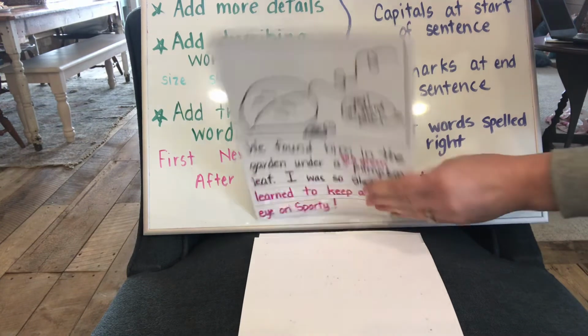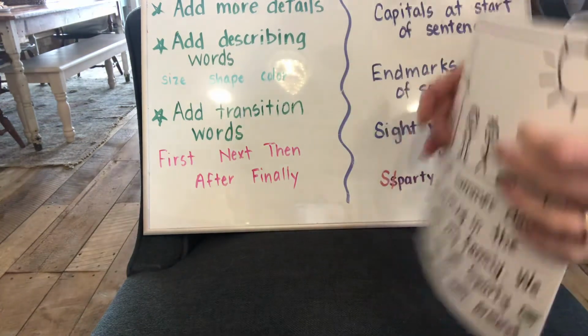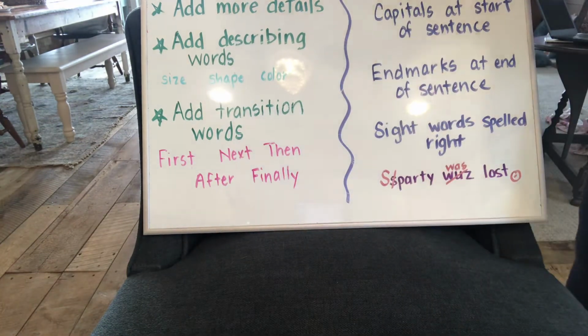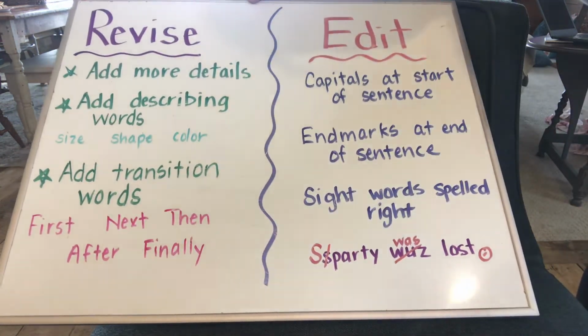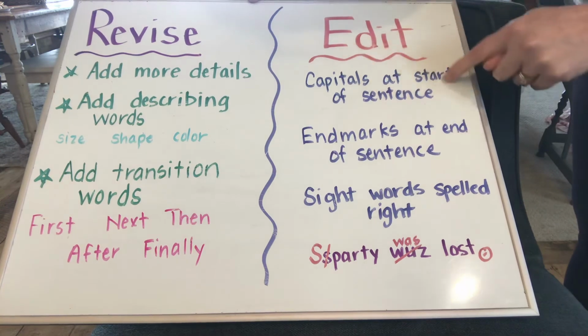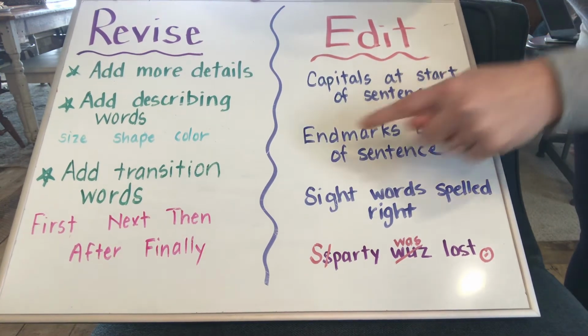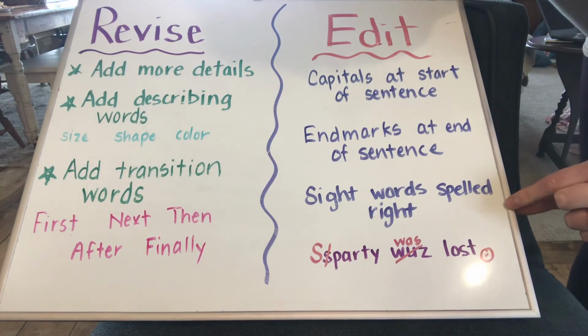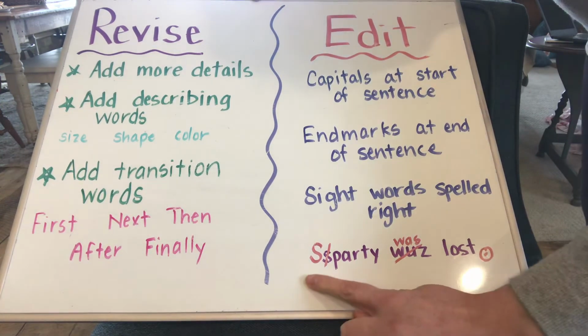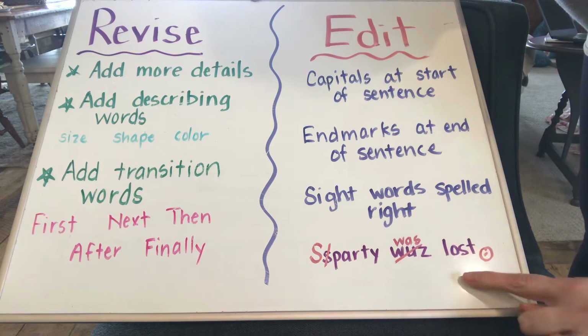Now let's talk about editing, we're editing our stories now. So if you look here at my poster, when we edit our stories, we have capitals at the start of a sentence, we have end marks at the end of a sentence, and we spell our sight words correctly. So here I have Sparty was lost.